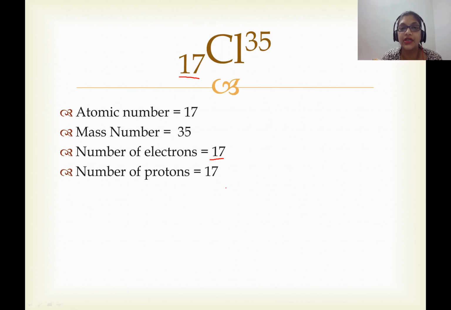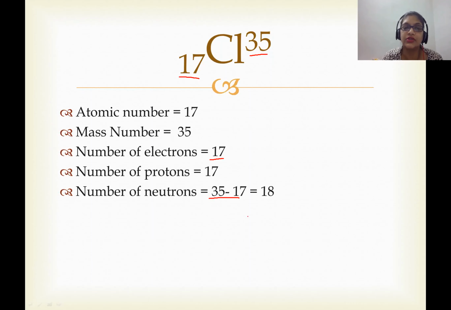So protons and electrons are always equal in a neutral atom. For the number of neutrons, the mass number minus the atomic number gives the number of neutrons, or in simple words, the total mass minus the number of protons. So we get 18 as the number of neutrons.